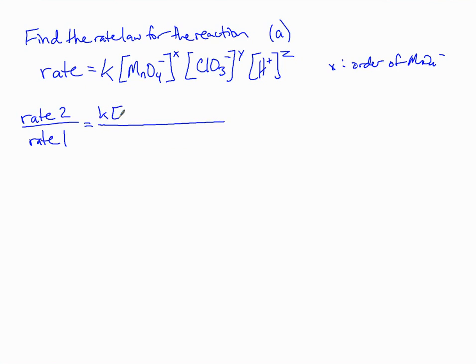So K times the MnO4 concentration, this actual number, is 0.25 to the X power, and then we have 1 for ClO3 to the Y power, and this one to the Z power. These are our 3 numbers from the table.